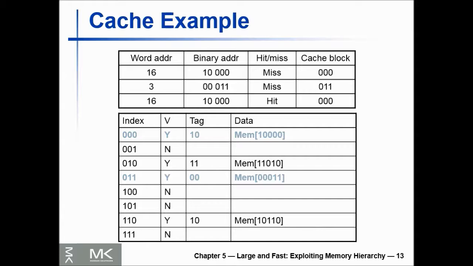Second word 3, that is 11000. First of all check the index 110 whether the value is present or not. This time the value is not present, so this is a miss, and this index is updated with the data 1100 and the tag 00 is placed in the tag field.